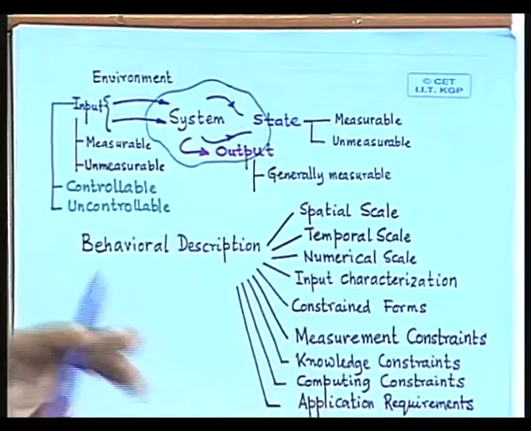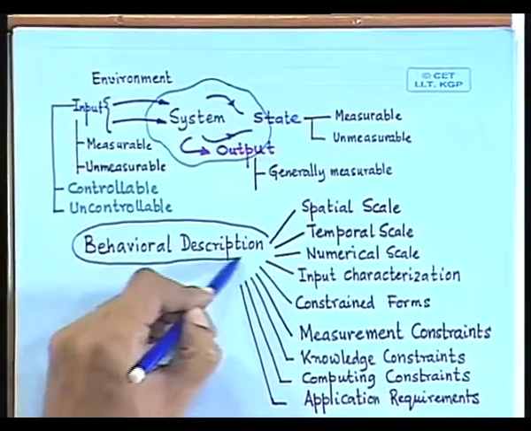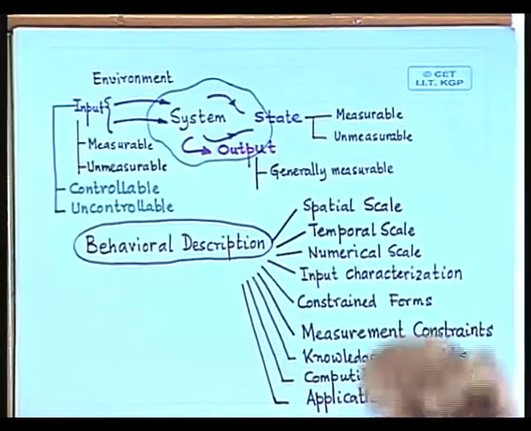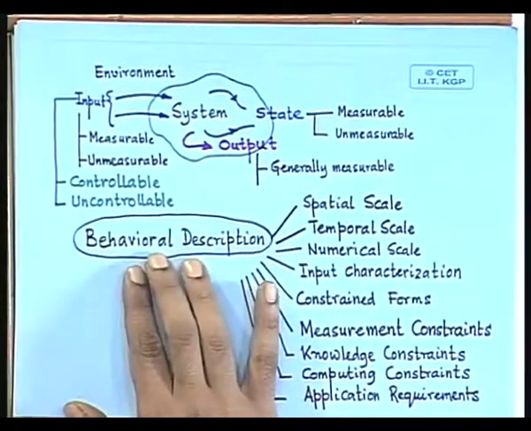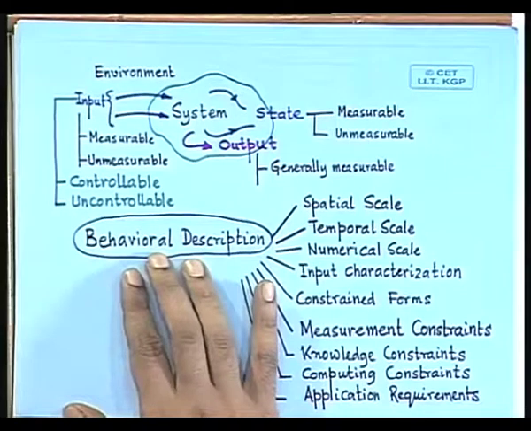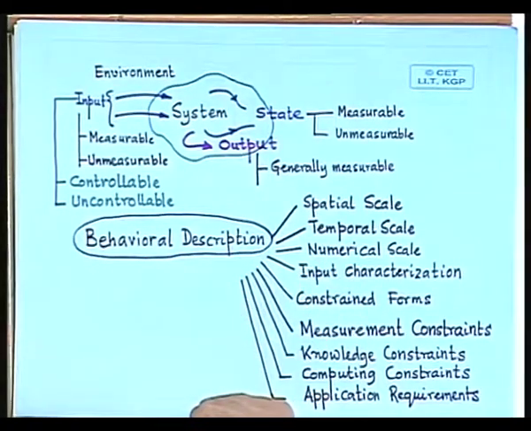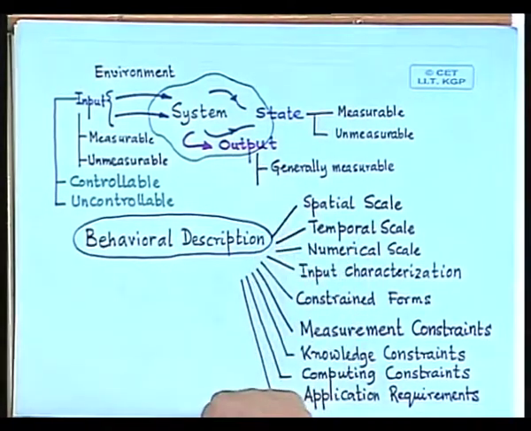So incidentally, basically we are concerned with constructing a mathematical behavioral description, and this mathematical behavioral description is affected by so many things. I mean, what kind of description will you choose? There are so many kinds of descriptions possible for the same object.